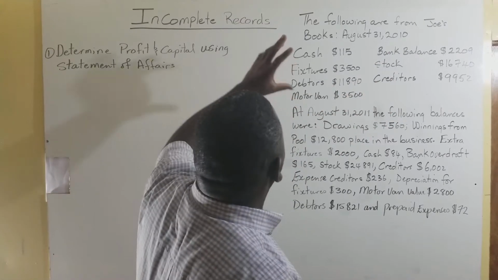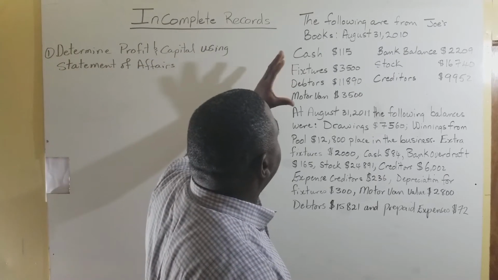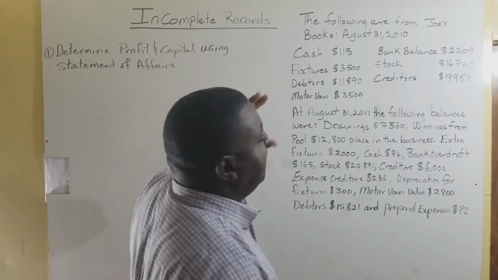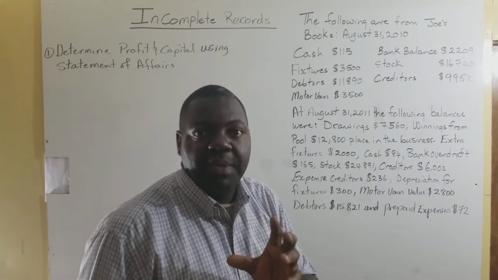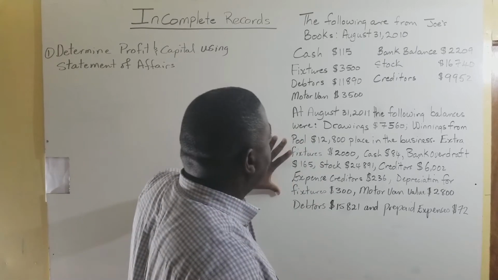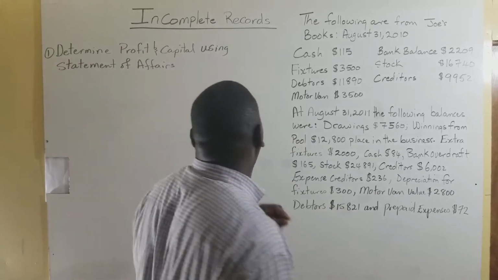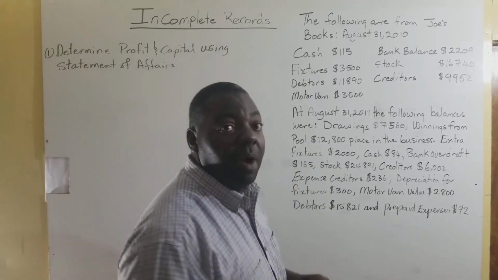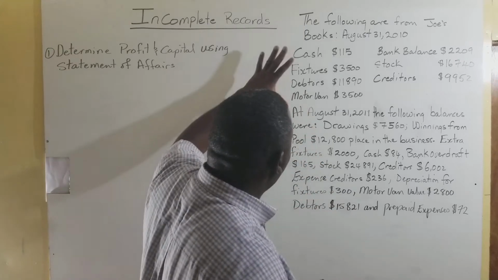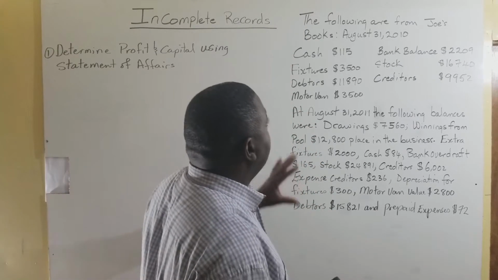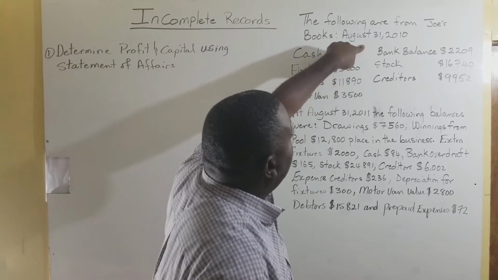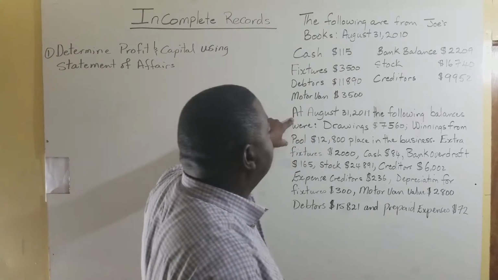Now we are going to be using this information to find Joe's capital. The second information that is presented, we will be using to find the profit. So we have two sets of information, one for 2010 and the other for 2011.